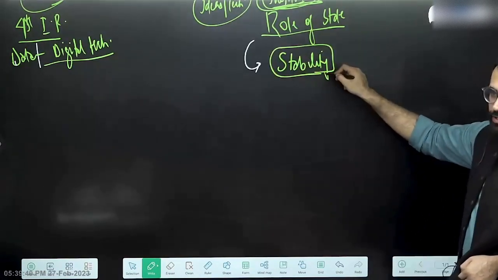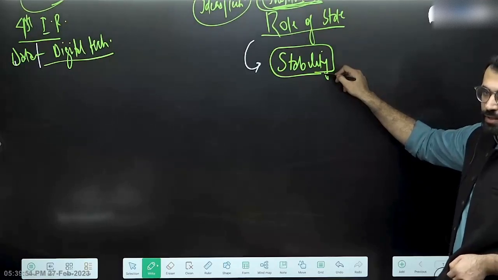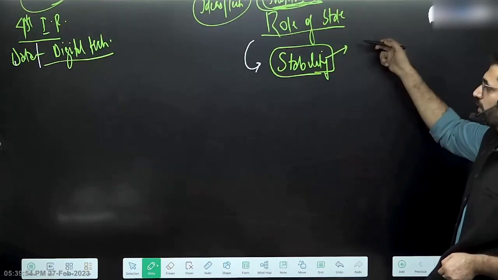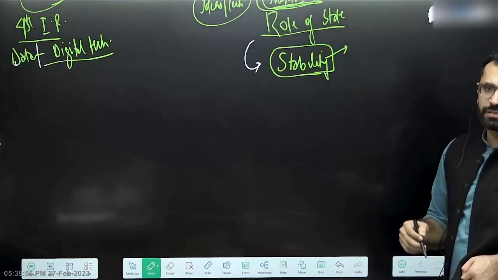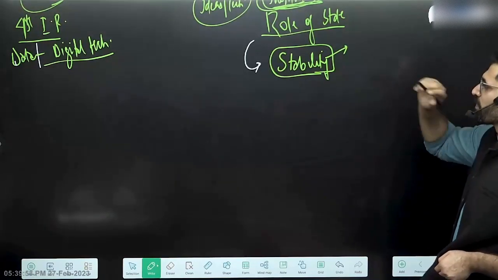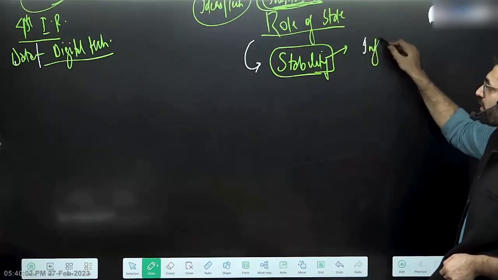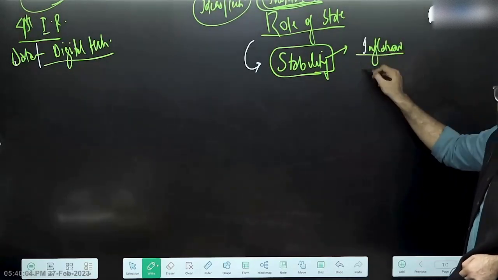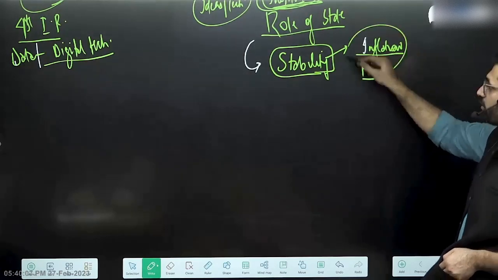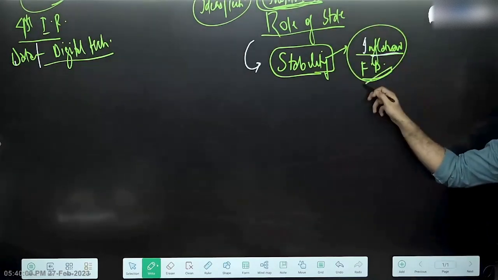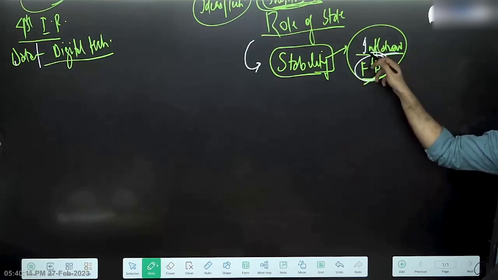How do the institutions provide stability? Accountability, not that. Stability. Stability comes from stabilizing the macroeconomy. For example, controlling inflation, managing the fiscal deficit, and stabilizing the market by not having very high inflation or very high fiscal deficit. What is the implication of a high fiscal deficit?